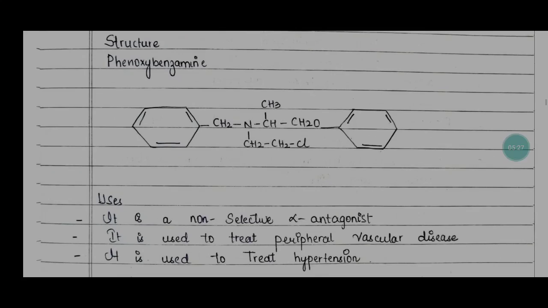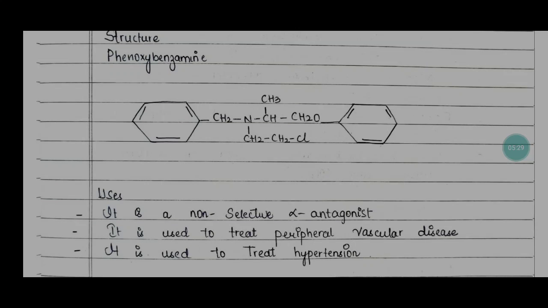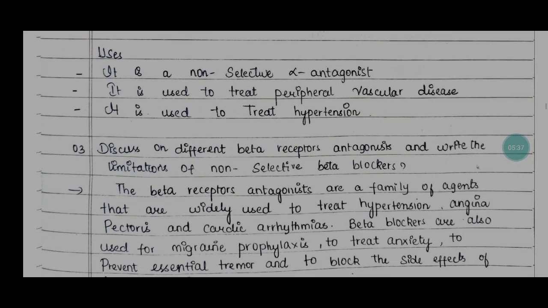The structure for phenoxybenzamine, and the uses: it is a non-selective alpha antagonist, used to treat peripheral vascular diseases, and it is also used to treat hypertension. So this is an antihypertensive drug agent.